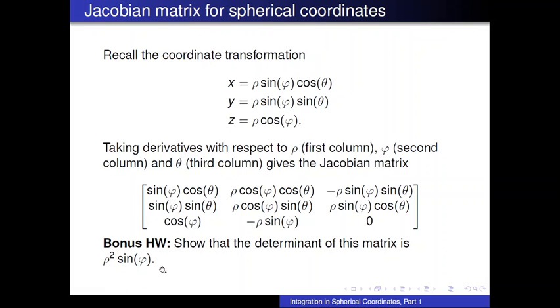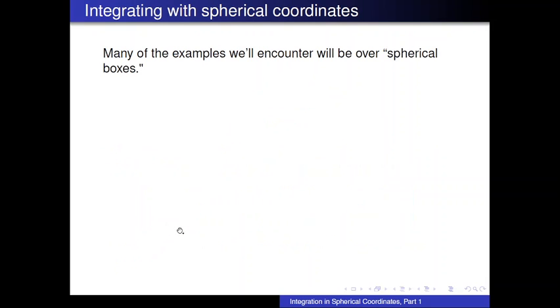I know we're really supposed to multiply by the absolute value, but with rho squared and sine of phi, these are both positive. Phi varies between 0 and pi, wherein sine of phi is always non-negative. So the absolute value of this expression is just itself. So this is what we multiply all of our integrands by when we do spherical coordinate integrals.